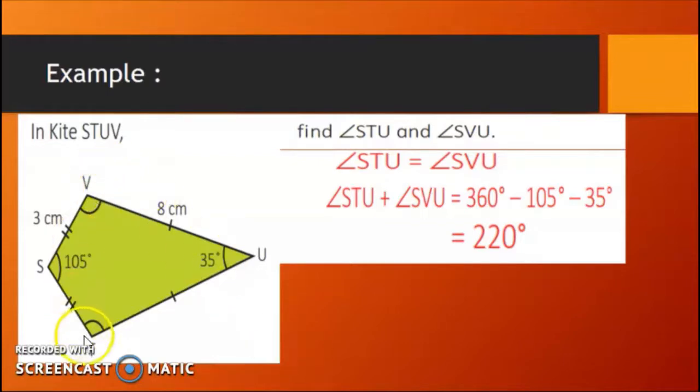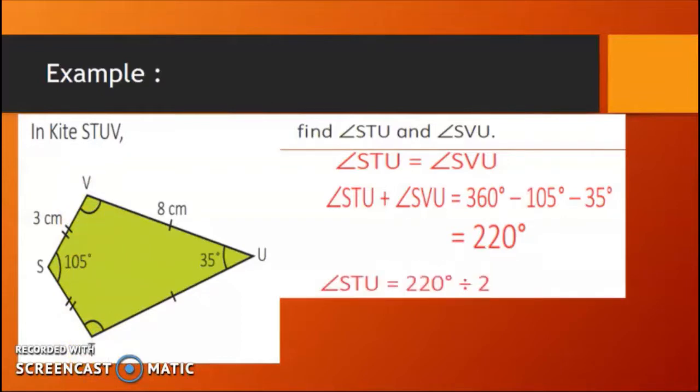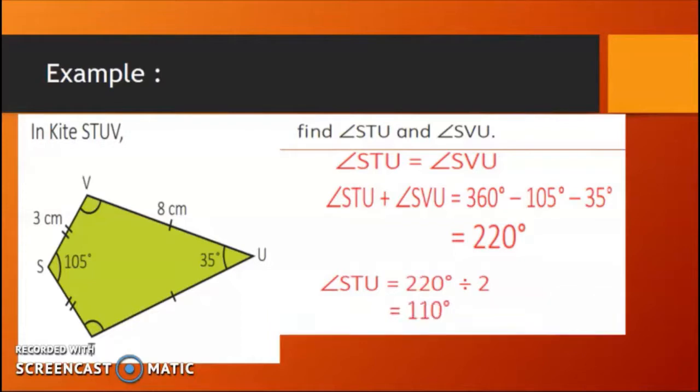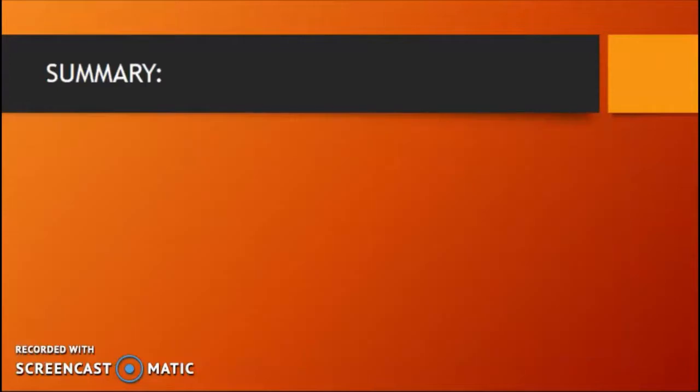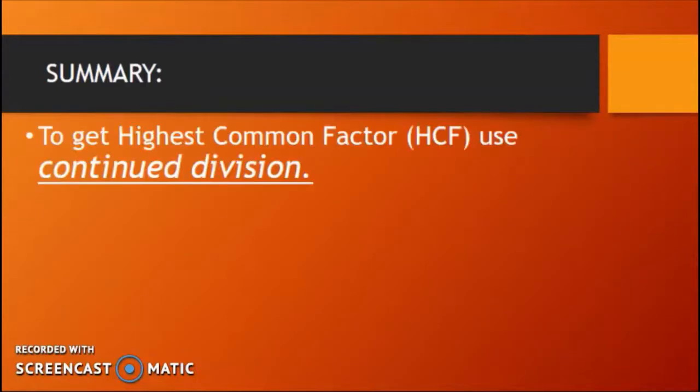So these 2 angles total 220 degrees. In order to get angle STU, we divide by 2, so we have 110 degrees. Same as angle SVU, which is equal to 110 degrees.